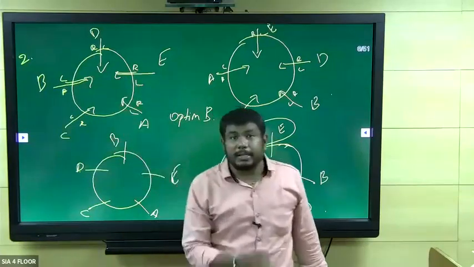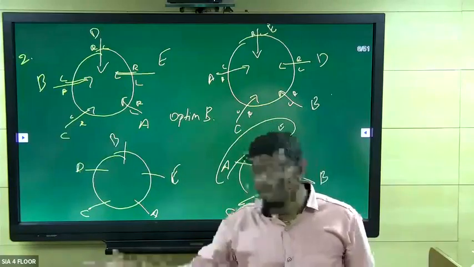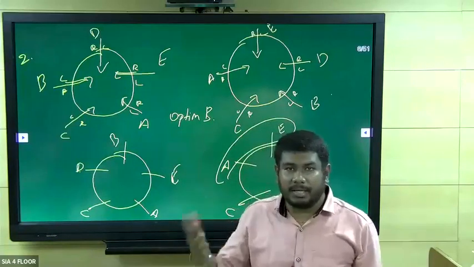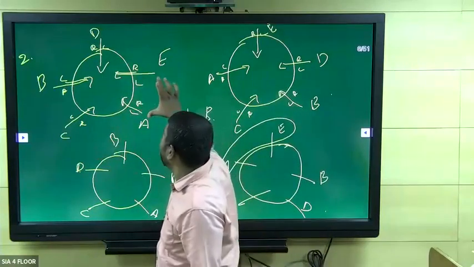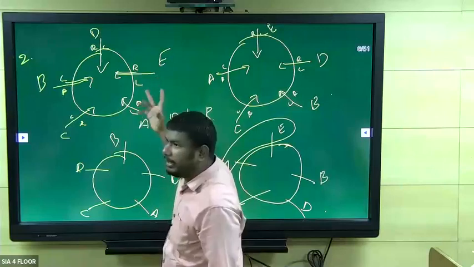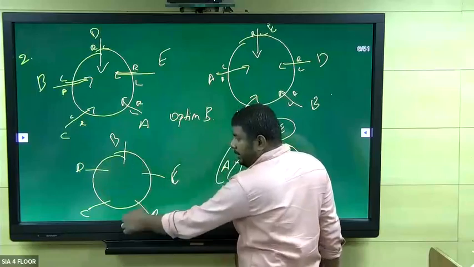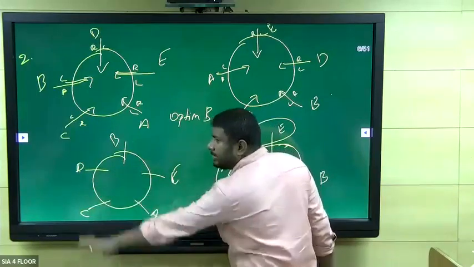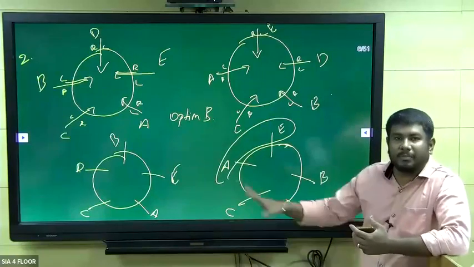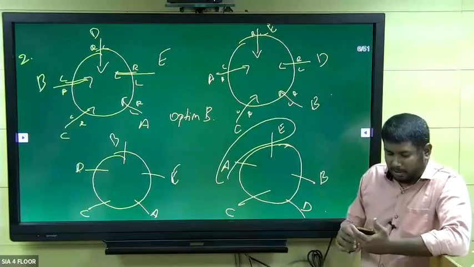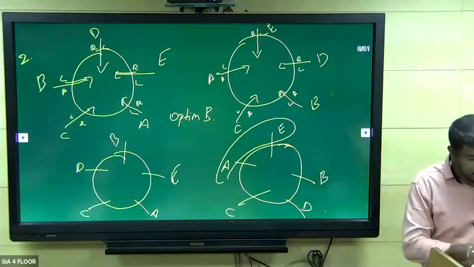But they did not mention whether D is separated by two seats towards its right or towards its left, so we cannot assume this. According to here, D and C are separated by three seats, and on this side D and C are neighbors. So we cannot assume it is the right one. So statement 3 is wrong, and 1 and 2 is the correct answer. Shall we move to the next question?